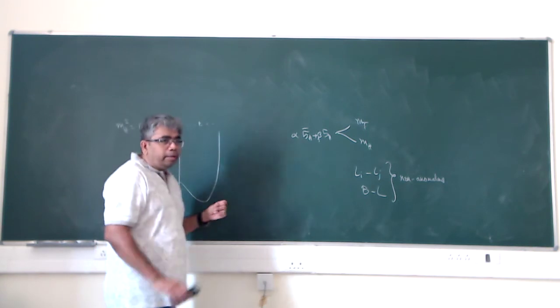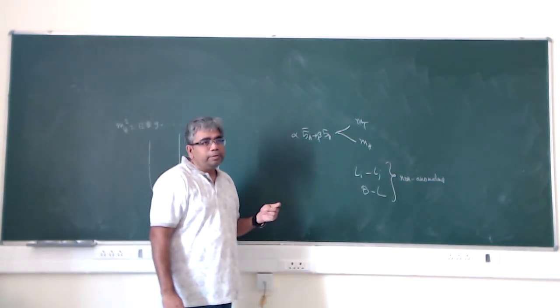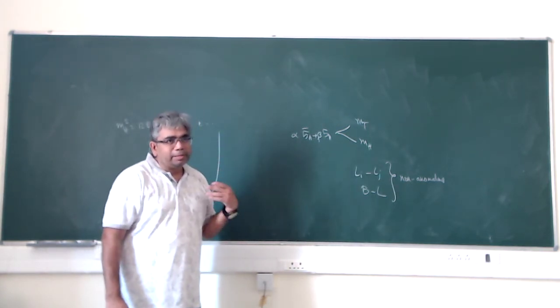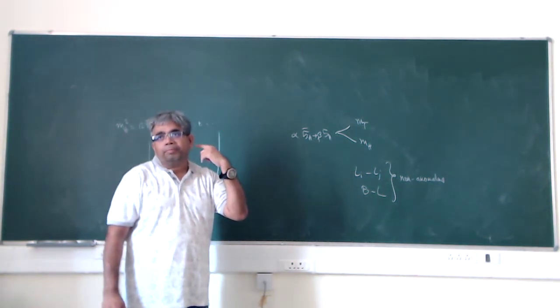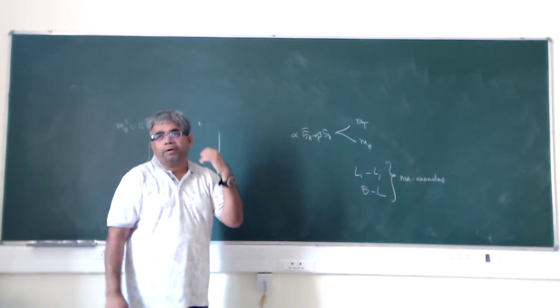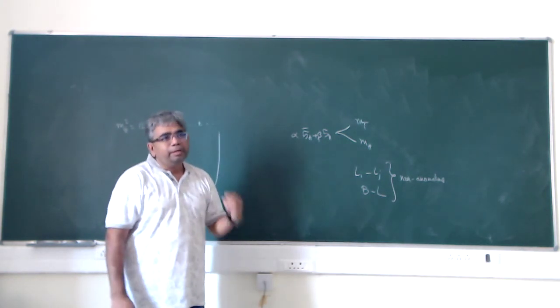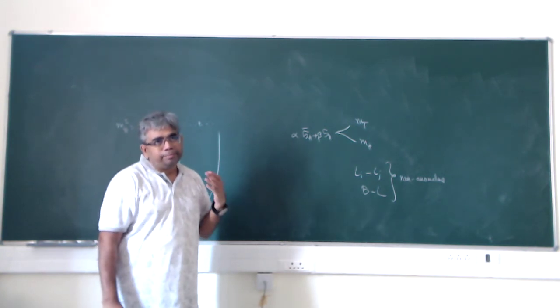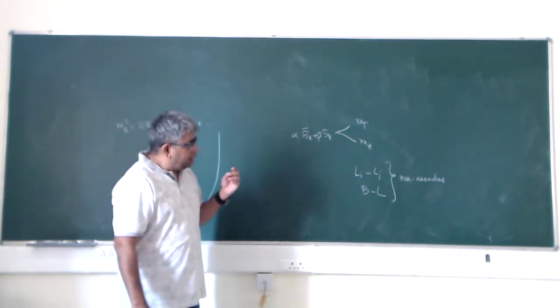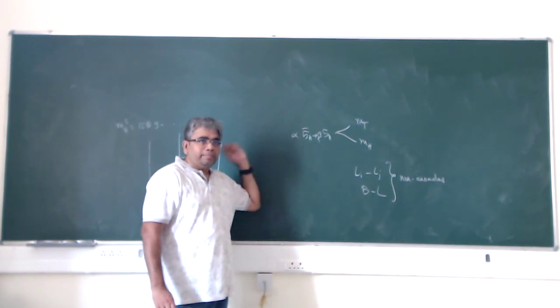Now regarding flavor symmetries, we'll come to it when we discuss them. If you impose a flavor symmetry, or any U(1) symmetry or any extra symmetry with the particle content, you have to make sure that it is non-anomalous. If they are anomalous, they lead to problems.